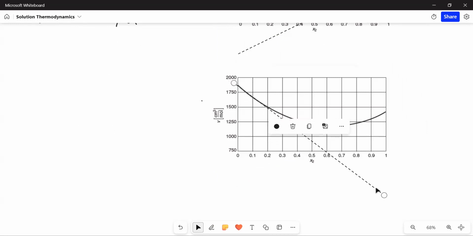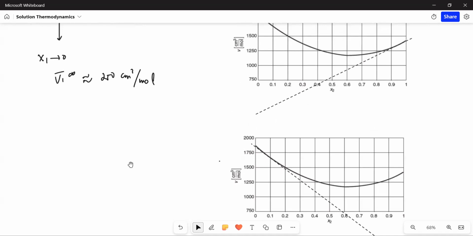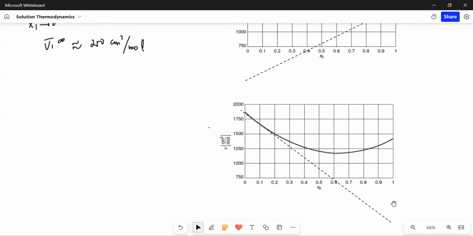At infinite dilution, when we infinitely dilute x2, the point is x1 equal to 1 or x2 equal to 0. So that is this point, x2 equal to 0. It's difficult to read, just like before. So let's just approximate it to 1,750.